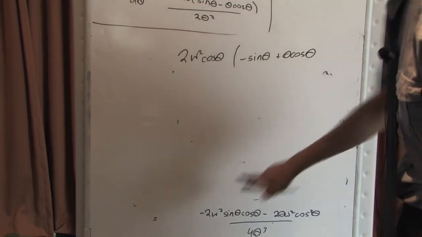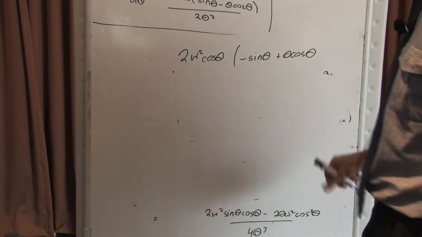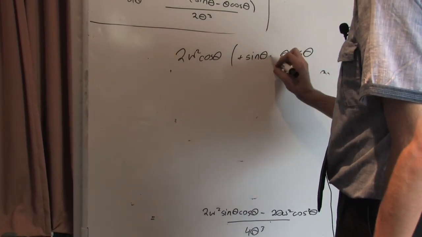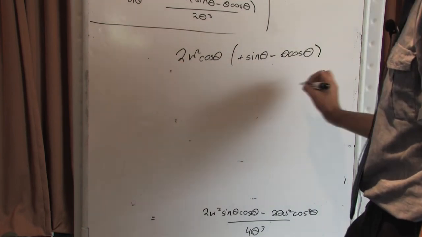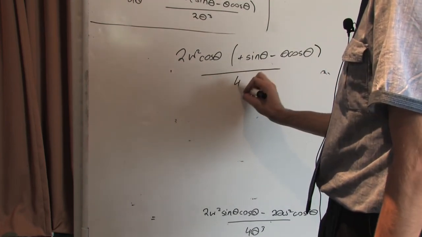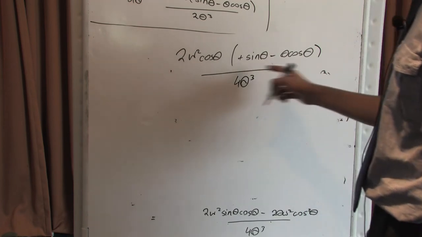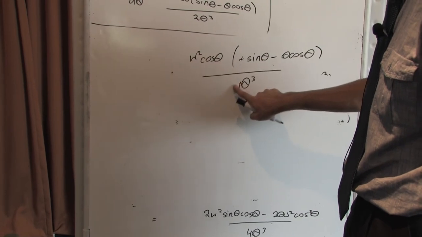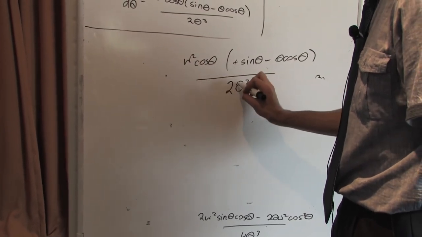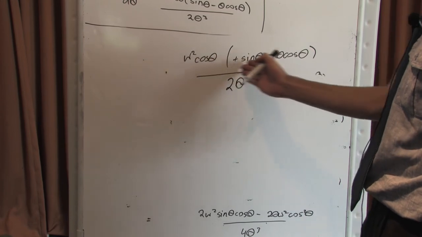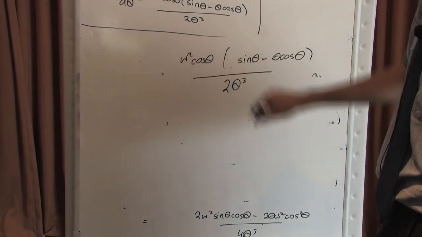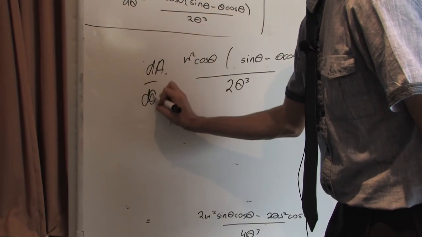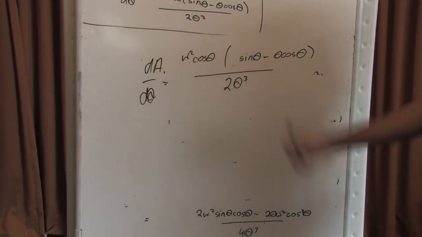Sorry, I think I made a little error here, but that should be how it is. Now put that all over 4 theta cubed. Finally, the 2 and the 2 and the 4 will cancel, so we're left with 2 theta cubed. And by surprise, we actually got it. So dA over d theta is in fact equal to our result.